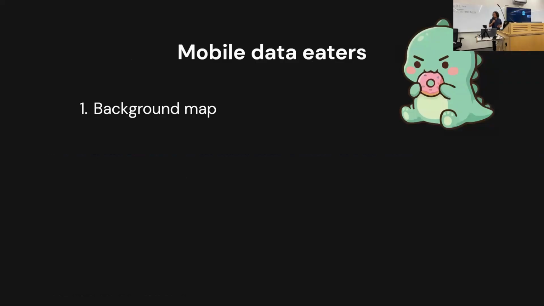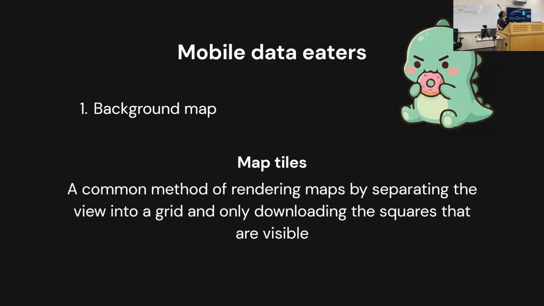So with this covered, I tried to identify some of the main data eaters of all the TTC services that were out there. The first one was the background map. From what I'm aware of, basically all of the services right now use something called map tiles. Essentially, this is the idea of splitting up the viewport into a grid and then only downloading images associated with the visible squares.